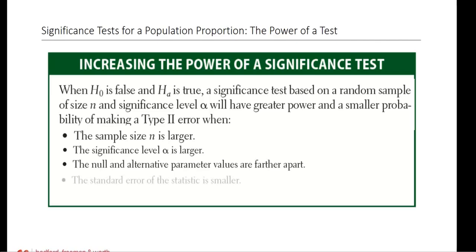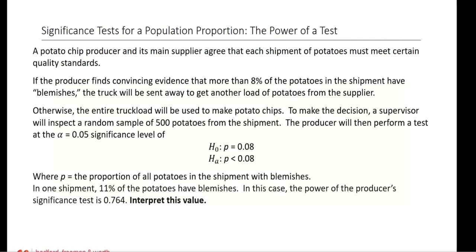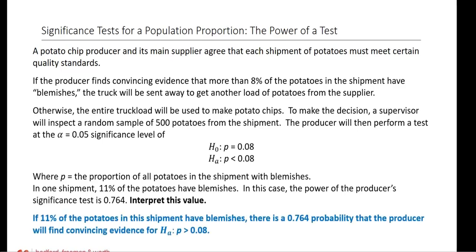So let's try this. 76.4% is the probability of finding convincing evidence that the percentage is greater than 8% there. I think that confused me. The alternate should be greater than 8% there.